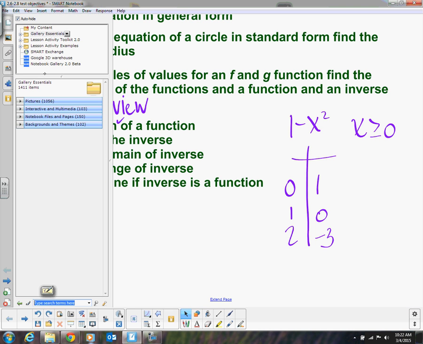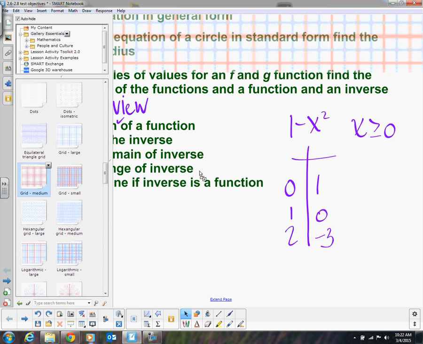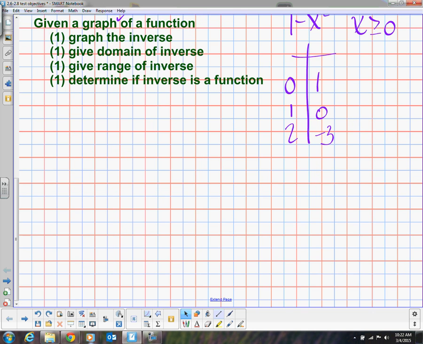What's the one way that you can always graph? Using a table. All right. So now remember, we're only graphing, they restricted our domain for a reason. So now we're going to graph 0, 1, 1, 0, and 2, 1, 2, 3.